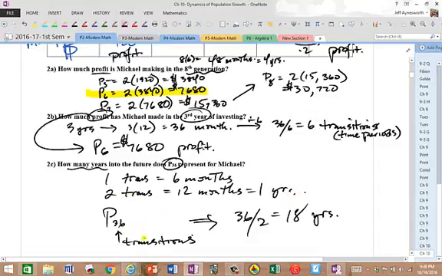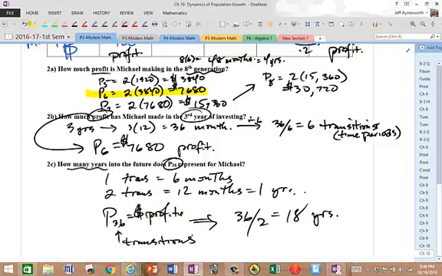So 36 divided by 2 is 18. So P sub 36 represents the amount of profit after 18 years.